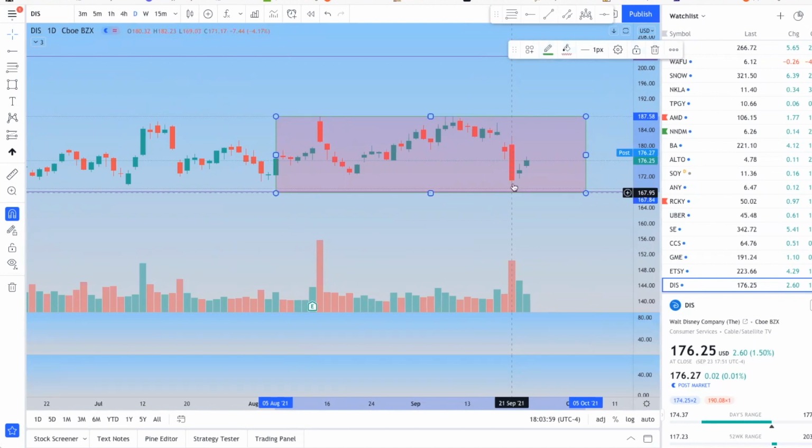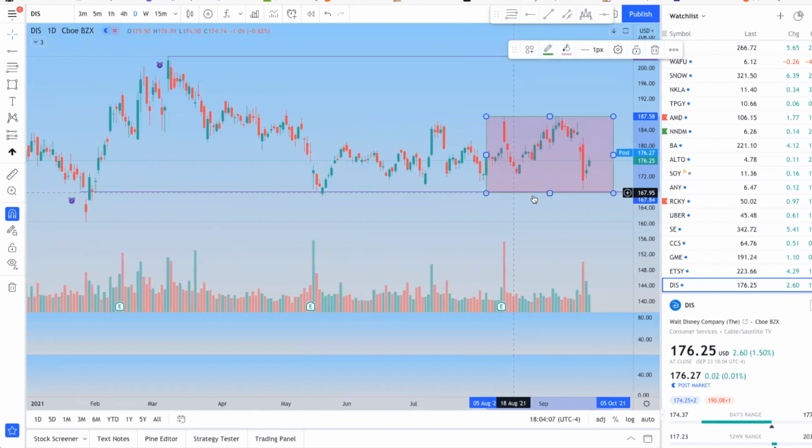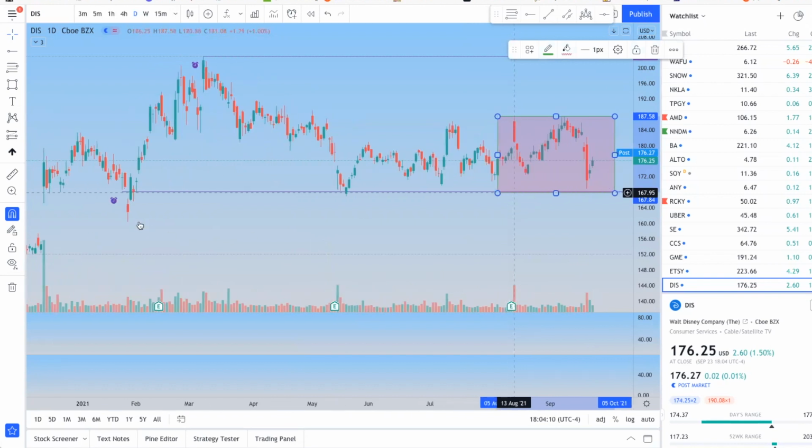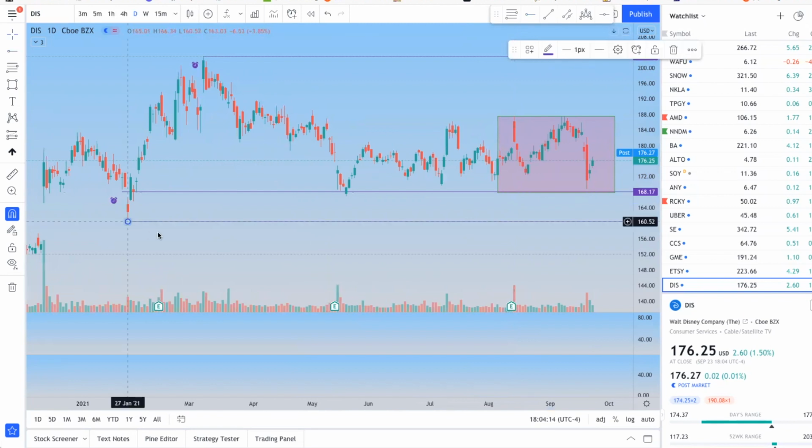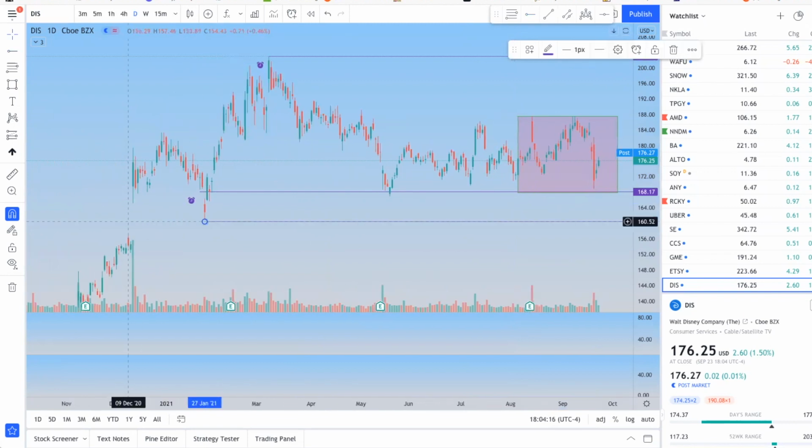If it bounces from that, that's a solid swing. If it had gone through that, then you can easily assume it would hit something around here, because before that there's a nice gap here.